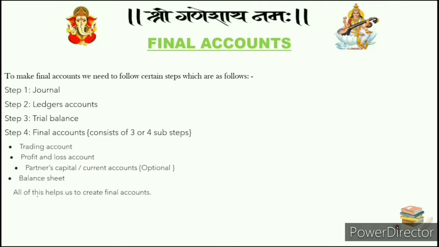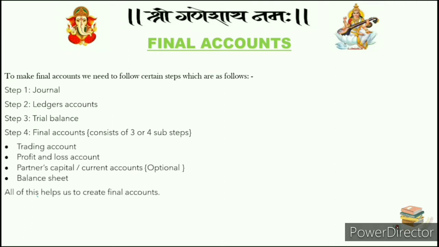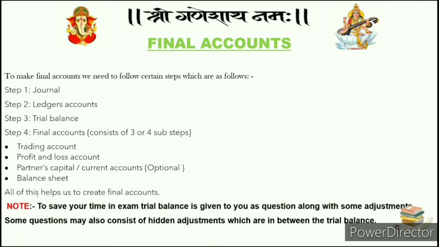These 3 or 4 sub-steps are trading account, profit and loss account, partner's capital account or partner's current account. This step is optional. And the last one, that is balance sheet.